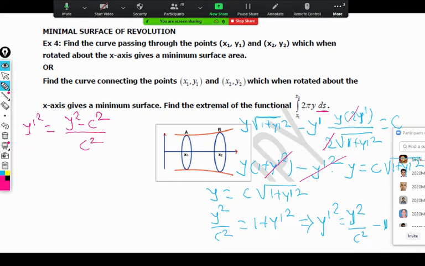So y dash becomes root of y square minus c square divided by c. Anyone? How to integrate now? How to integrate? Y dash is root of y square minus c square divided by c.